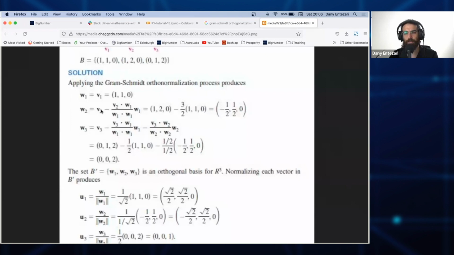You take vector 2 and subtract from it this ratio. So you have the dot product of v2 and the first vector over the dot product of the first vector with itself, exactly as you see it here. This will become the first vector of the new matrix. This will become the new vector of the second matrix.